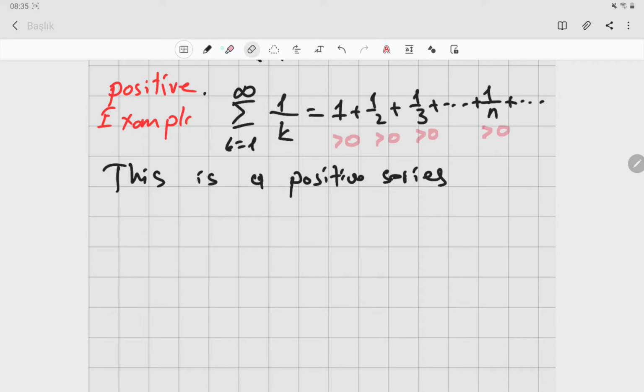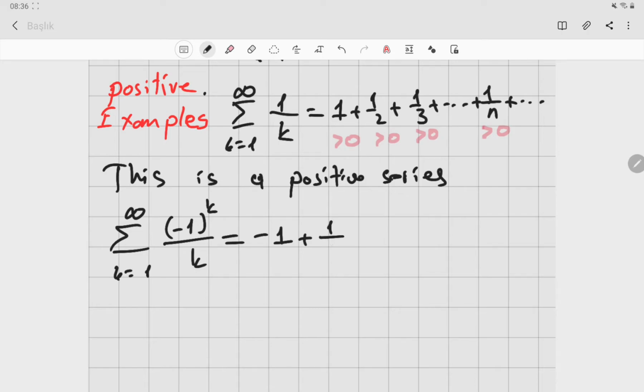Let's write here examples. Okay, and another one, the sum from 1 to infinity, and it is clearly not a positive series, because -1 and plus 1 over 2 and -1 over 3 and plus 1 over 4 and so on, (-1) to the power n over n.